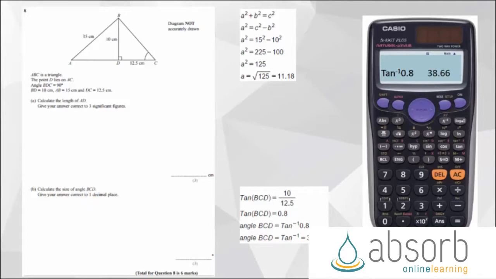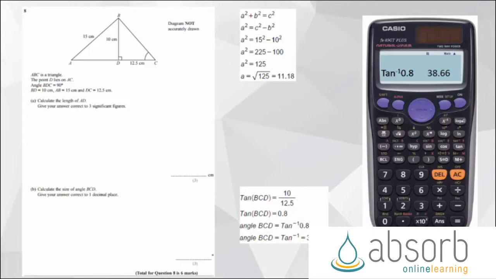I've got 2 decimal places here. What does that mean for me in terms of marking? Well, it means right away I've lost a mark out of the 3 marks that are there. I've lost a third of the marks for this question simply by not rounding this to 1 decimal place. Converting this to 1 decimal place would give us an answer of 38.7 degrees.